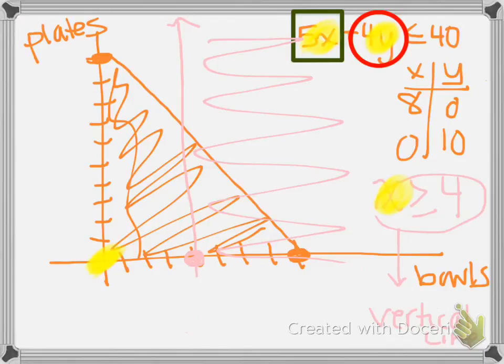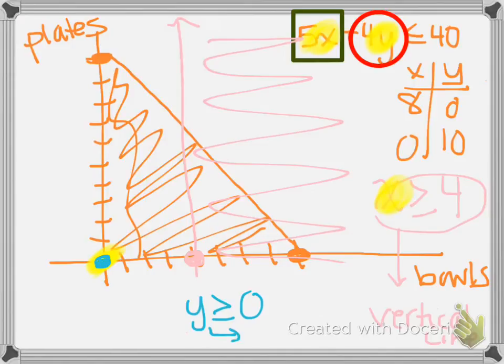Okay. And then finally, let me change my color. I have y is greater than or equal to 0, because I can make 0 plates, or I can make more than that. Y is 0 is right here. And when you have a y, you have a horizontal line.